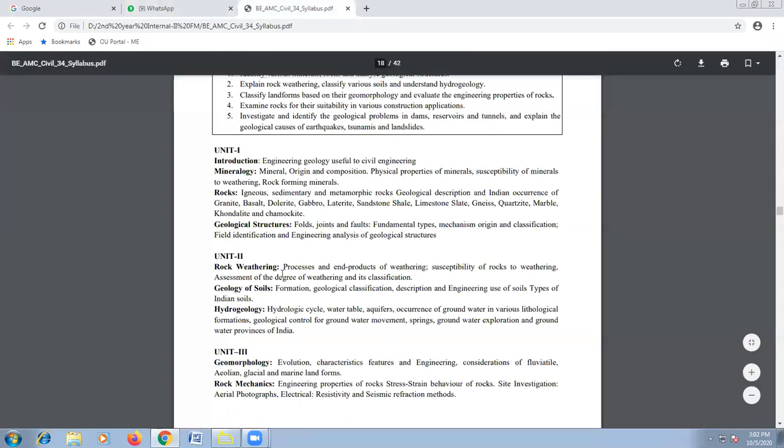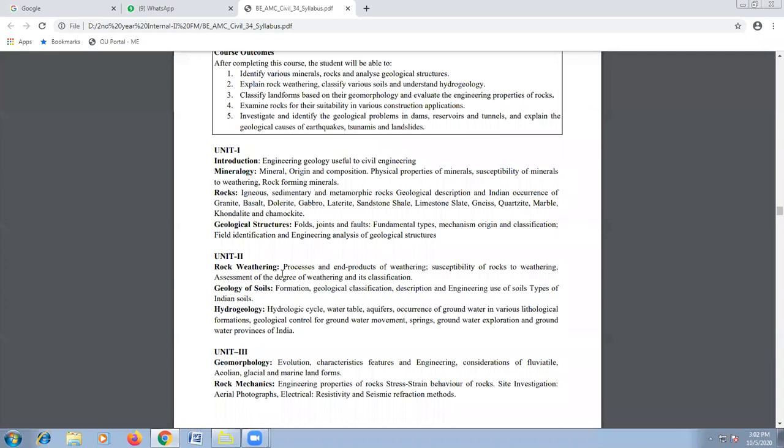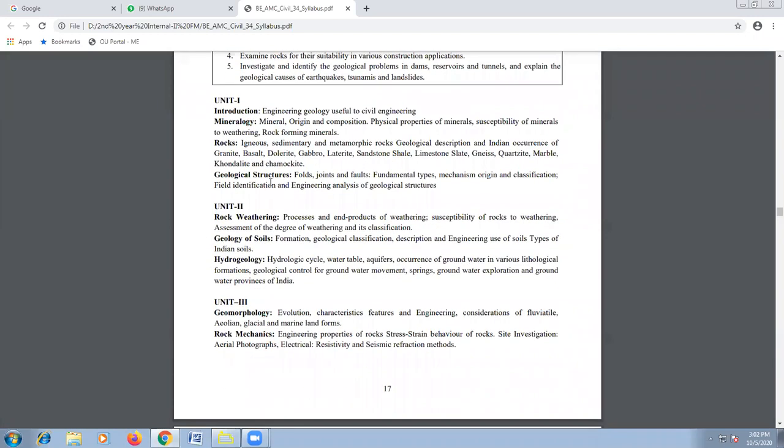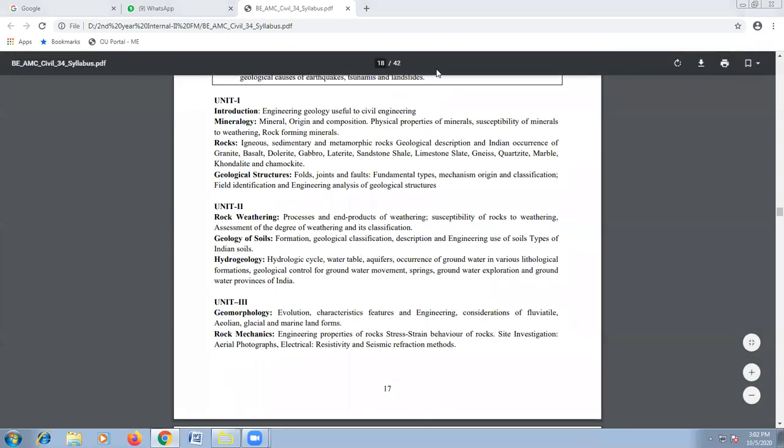Okay, so here you can see that we have completed unit 2. In the last class we had seen rock weathering. We completed rock weathering, and now we will move to geology of soils. Geology of soils will deal with soil formation and its classification.